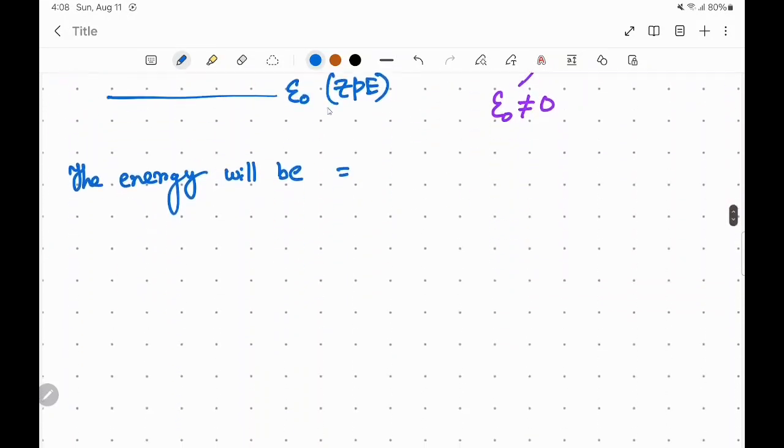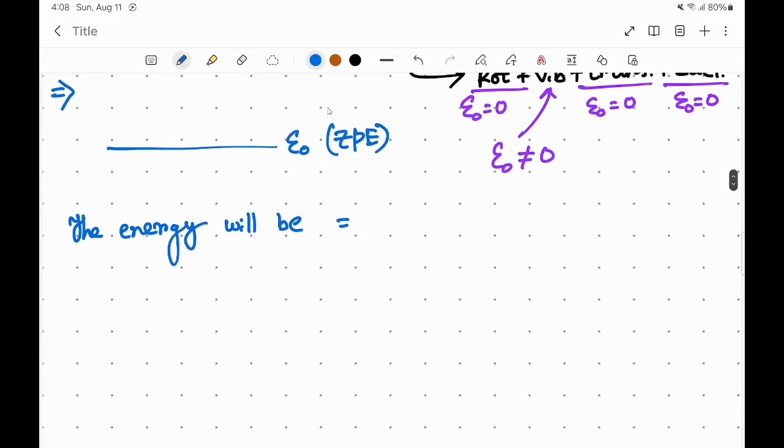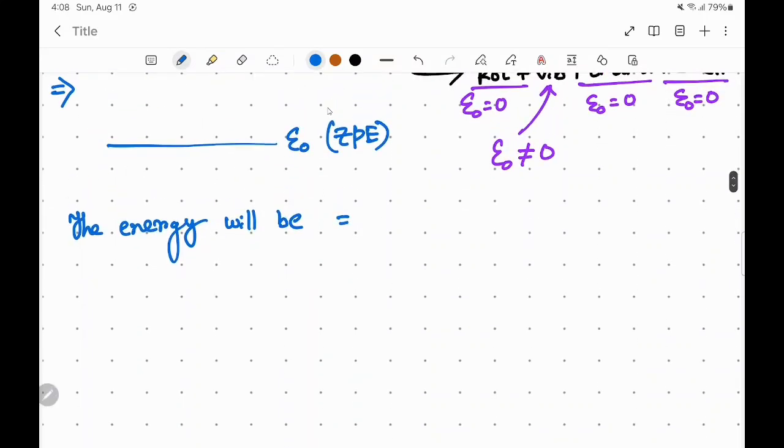All molecules. If the number of molecules is n, then n into the zero point energy. You have to write the zero point energy. This should be the answer. But I said that if you consider the zero point energy as zero, then it will be zero anyway. But the proper answer should be n into the zero point energy.